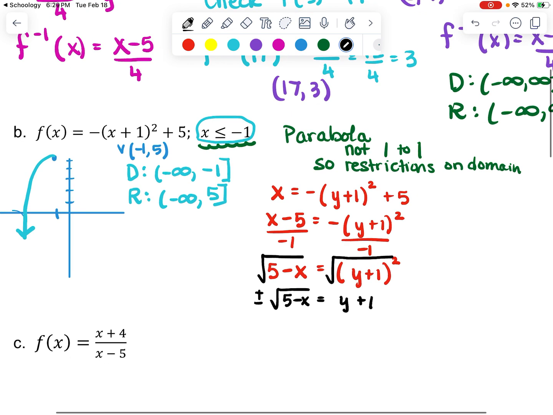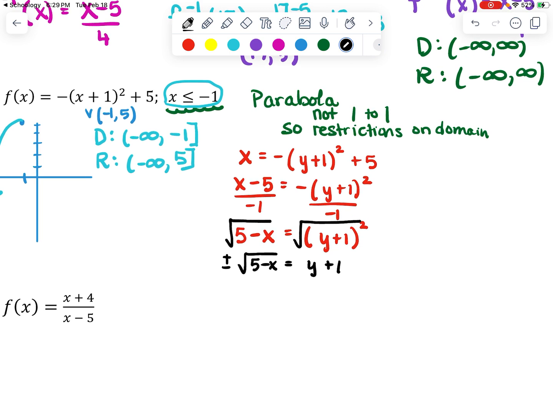Then last but not least, I'll move that 1 over: plus or minus the square root of 5 minus x, minus 1, is equal to y.